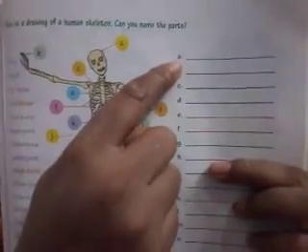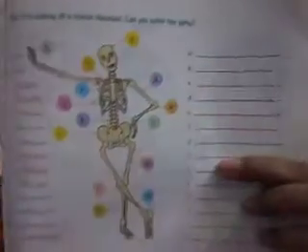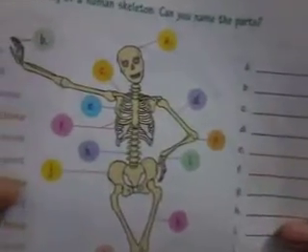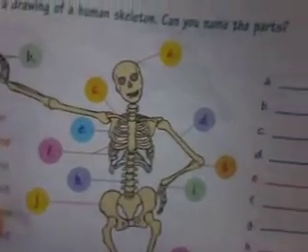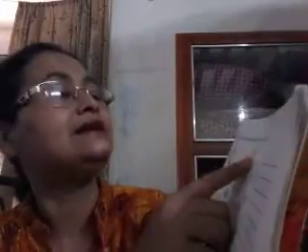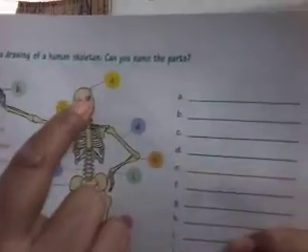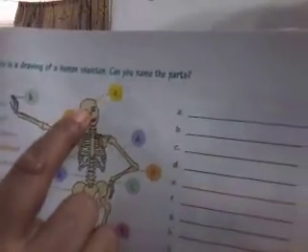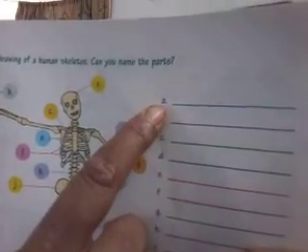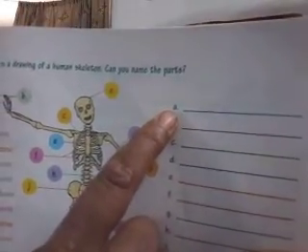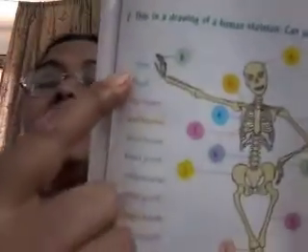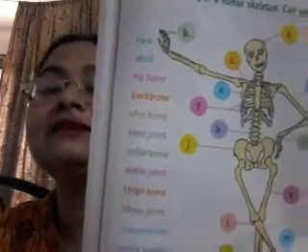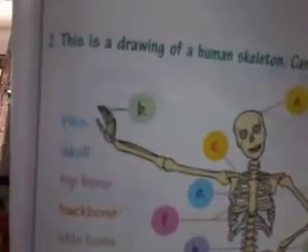So what you have to do is, in front of A you have to write what is shown by A in this picture. Which part of the body is shown by number A? Here you can see all the names are given, so from here you have to choose and write.